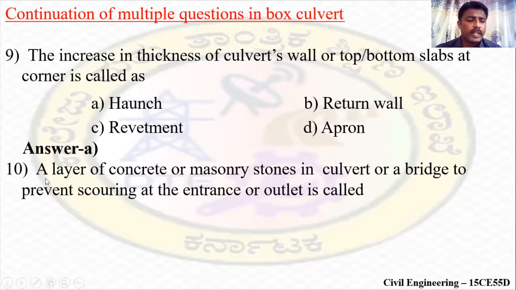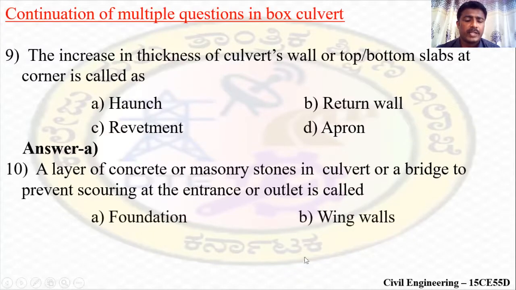Last question, a layer of concrete or masonry stones in a culvert or bridge to prevent scouring at the entrance or outlet is called option A foundation, option B wing walls, option C revetment, option D apron.